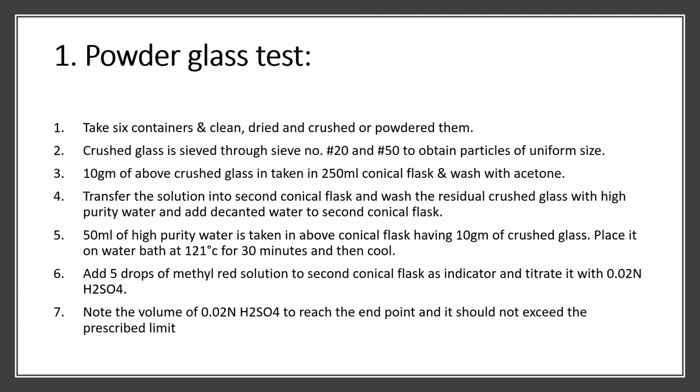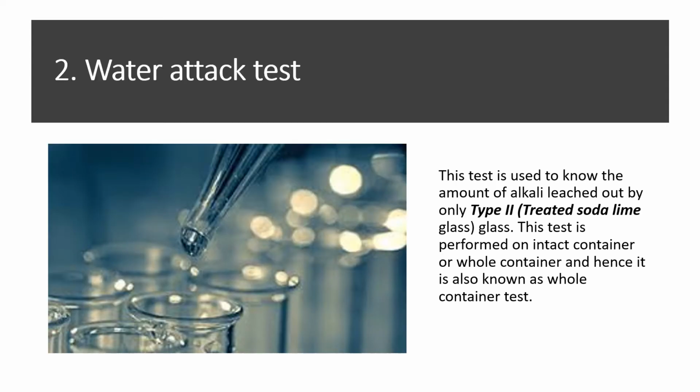The volume of the 0.02 normal sulfuric acid required to reach the end point, when the indicator changes the color, should not exceed the prescribed limit. So how much volume is consumed while you do the titration will tell you the amount of the alkali being released. So again, the water attack test, also known as the hydrolytic test.